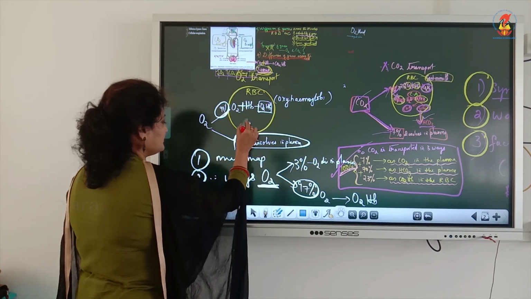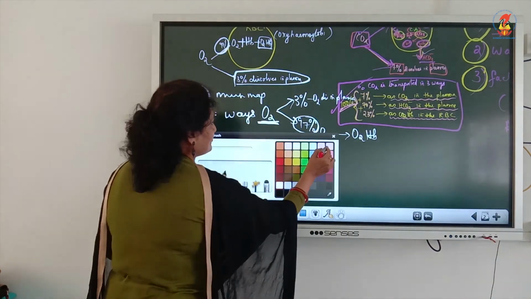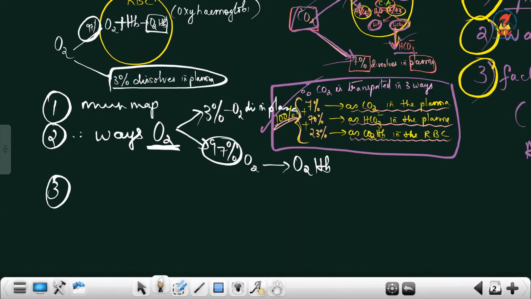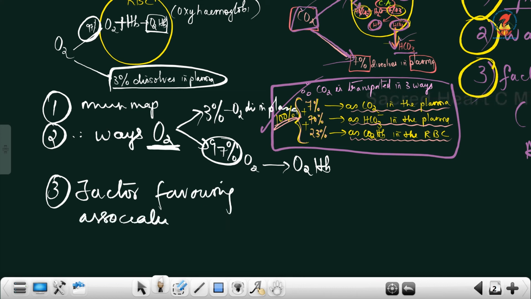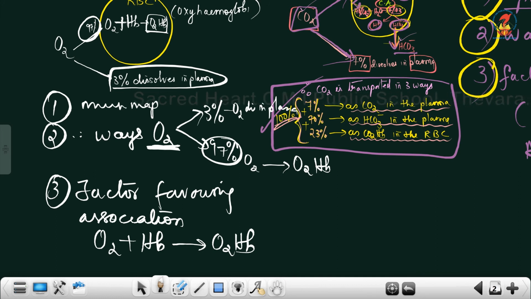And lastly, what you are saying? The factors favoring. Factors favoring, give importance to association. Association of oxygen with hemoglobin to form oxyhemoglobin. What are the factors? Just the reverse of that.